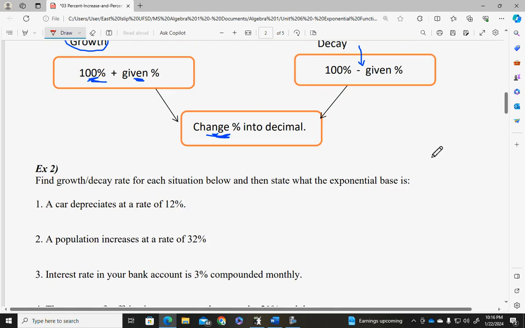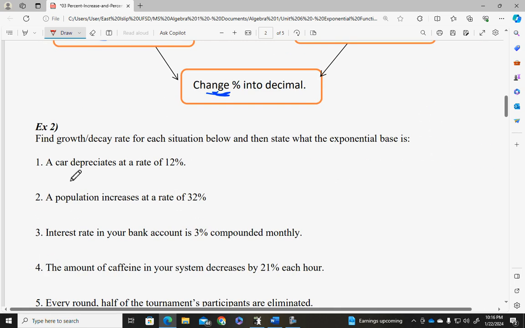So here on number 1, a car depreciates, so that's going down at a rate of 12%. So we do 100%, take away 12% to get 88%, change it to a decimal, and you get 0.88. This is the exponential base.